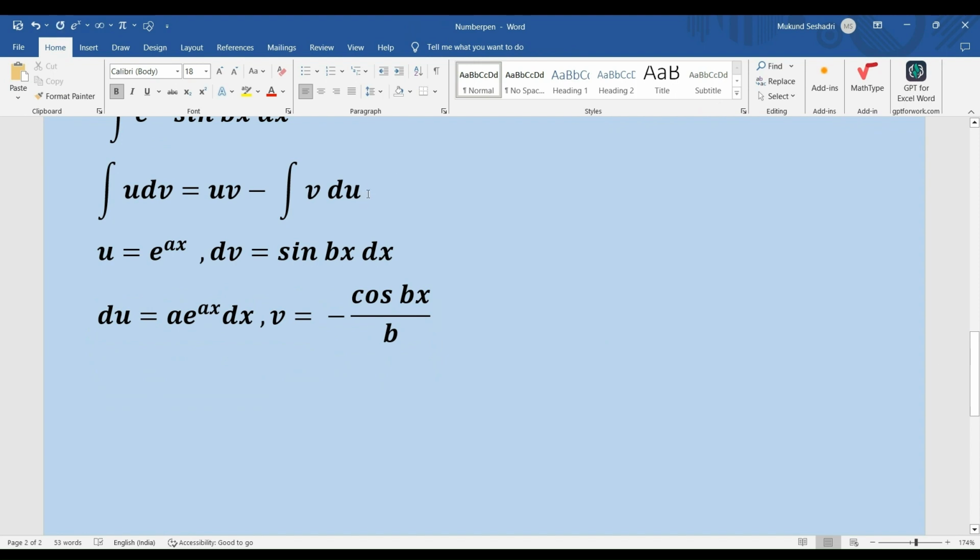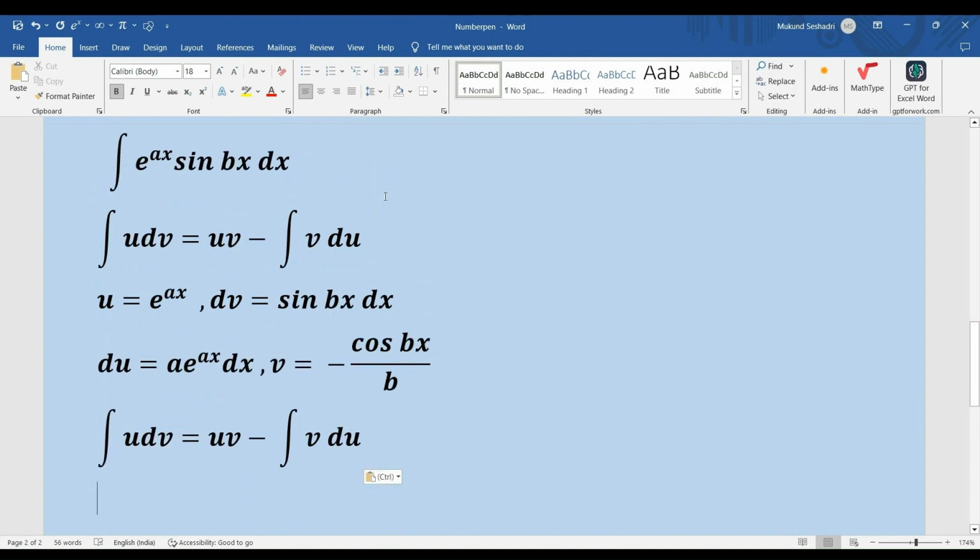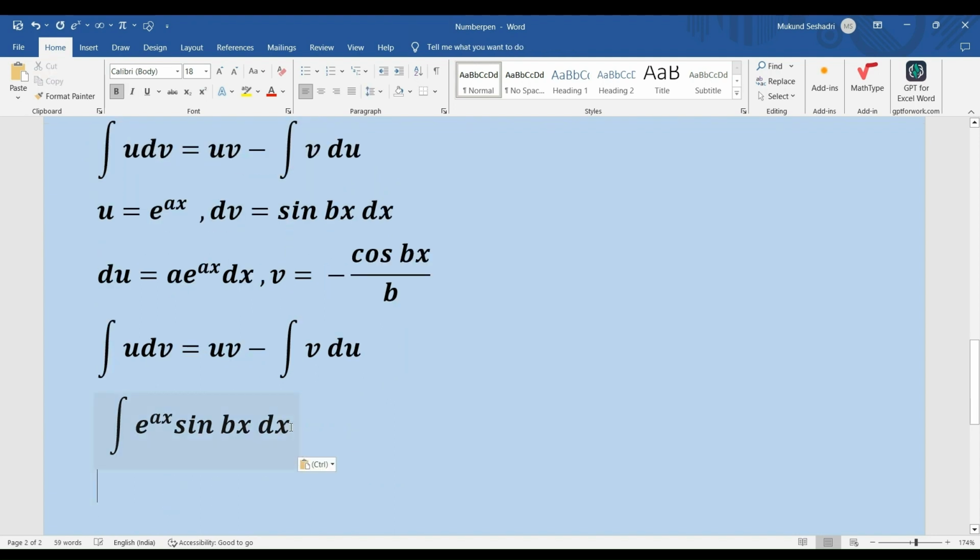So now I go ahead and apply integration by parts. So what do I get? My integral of e to the power ax sine bx dx, which is my LHS, becomes equal to uv, which is nothing but e to the power ax times minus cos bx by b.